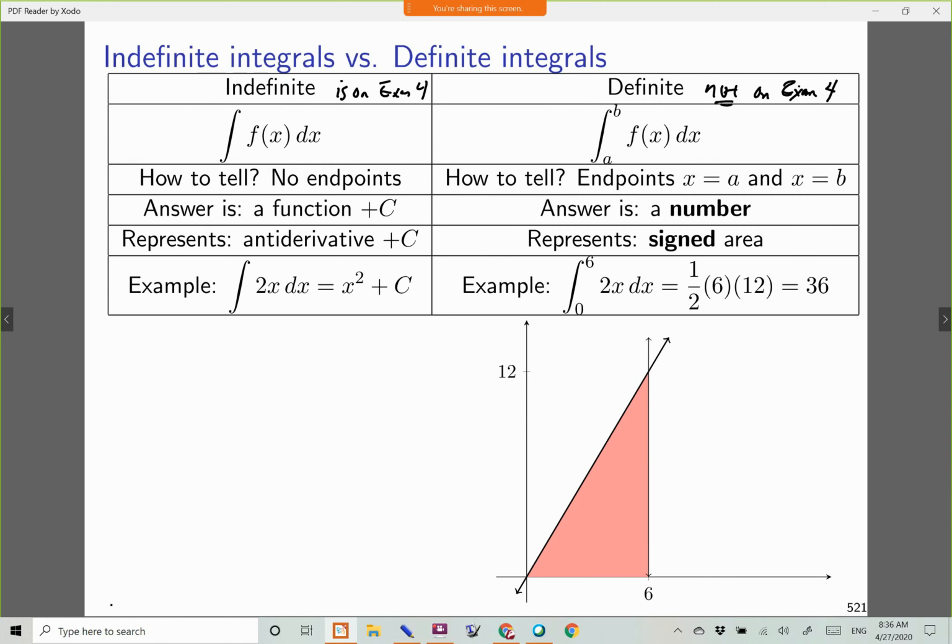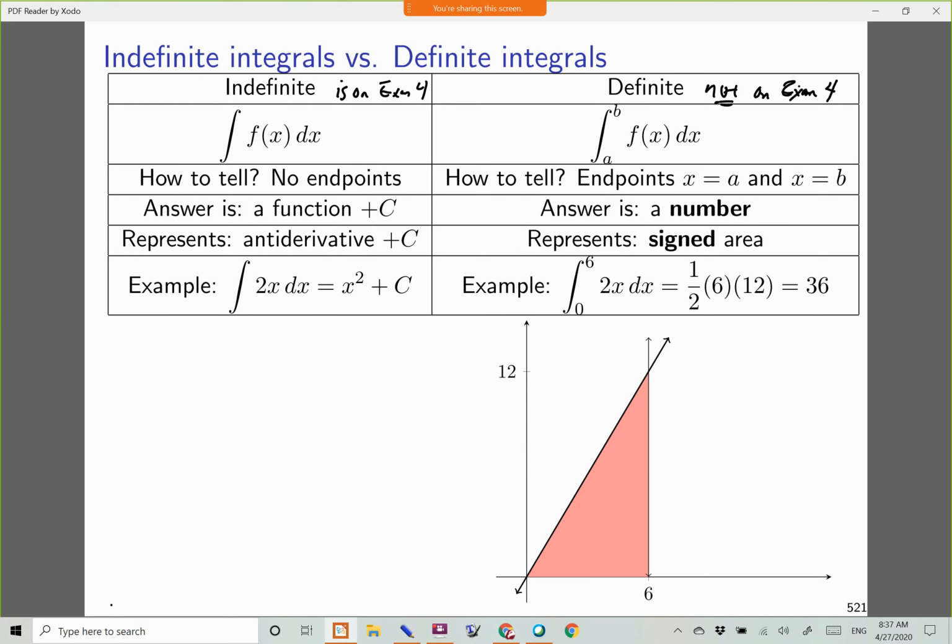For this indefinite integral, the thing we've been working on, the final answer is always a function plus c, and for a definite integral, the final answer is going to be a number. So this function plus c, what is it representing? It's an antiderivative. Whereas for a definite integral, that number represents the signed area.